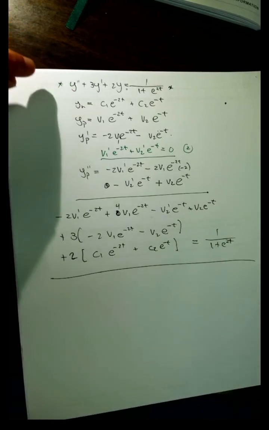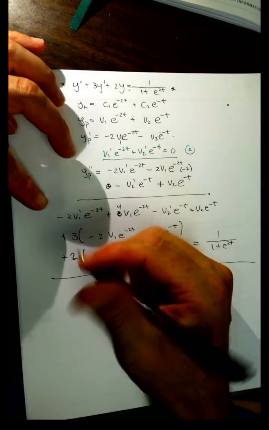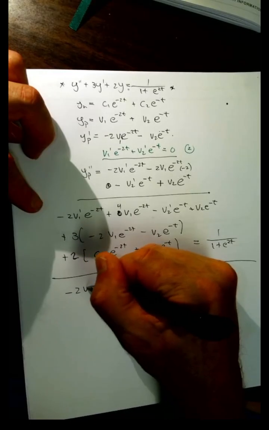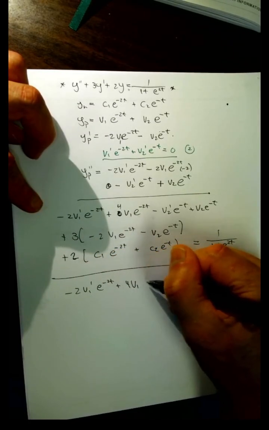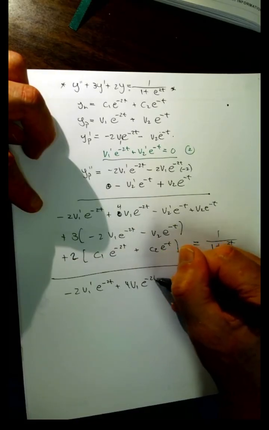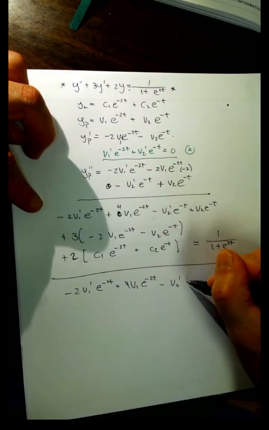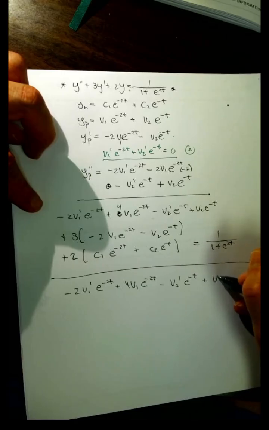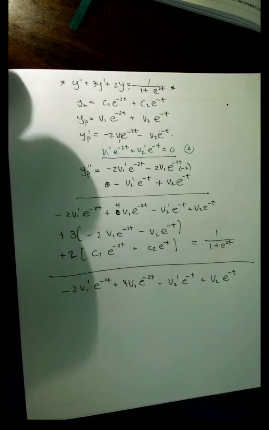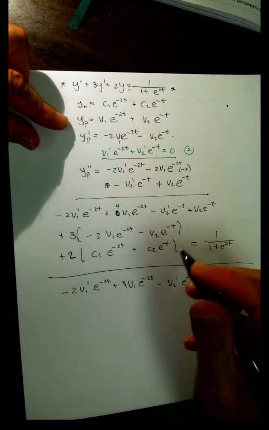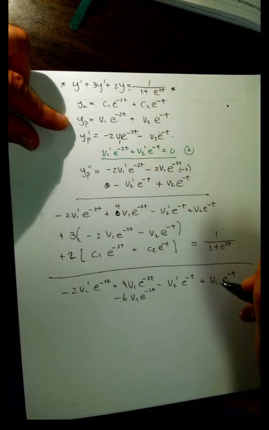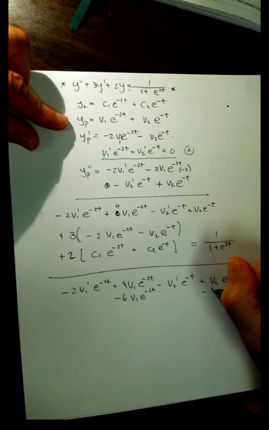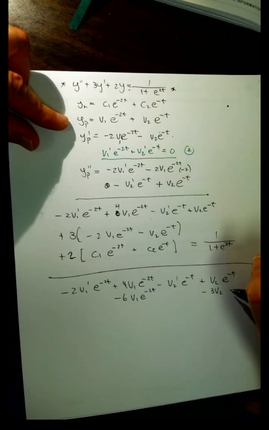So let's multiply all that out. I'm going to get minus 2 v1 prime e to the minus 2t plus 4 v1 e to the minus 2t minus v2 prime e to the minus t plus v2 e to the minus t. 3 times the minus 2 gives me minus 6 v1 e to the minus 2t minus 3 v2 e to the minus t.